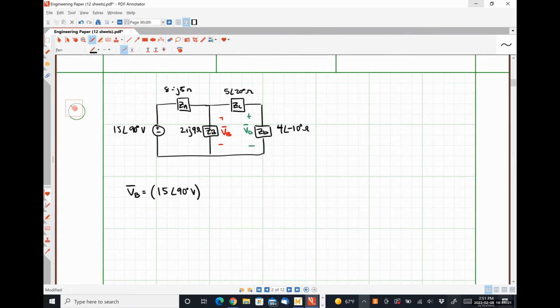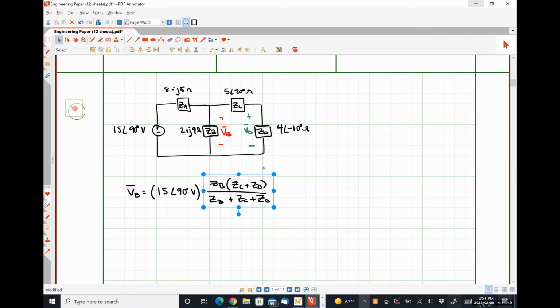So mathematically, that's going to look like ZB multiplied by ZC plus ZD over ZB plus, excuse me, ZC plus ZD, like so. Actually, let me move this up because I've gotten slightly ahead of myself here.